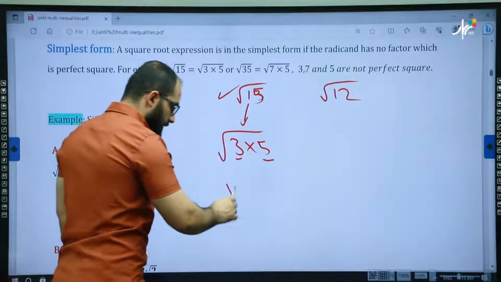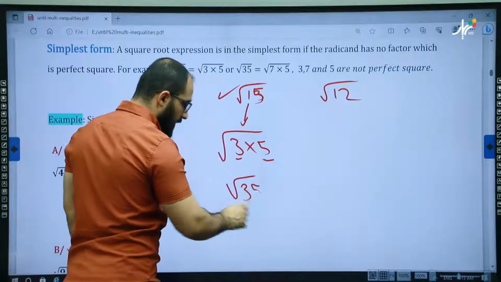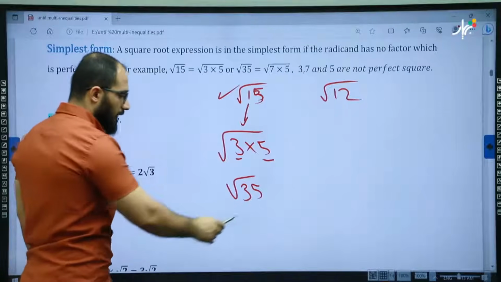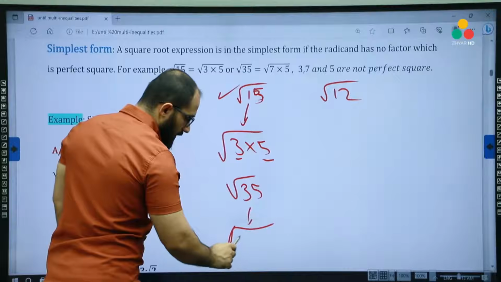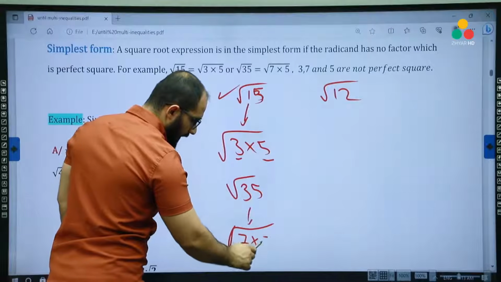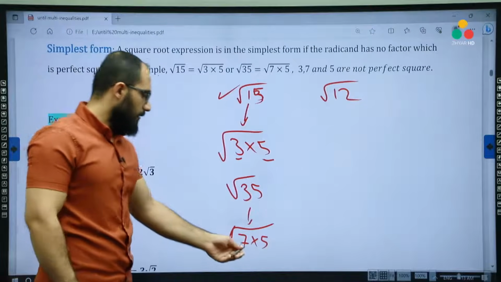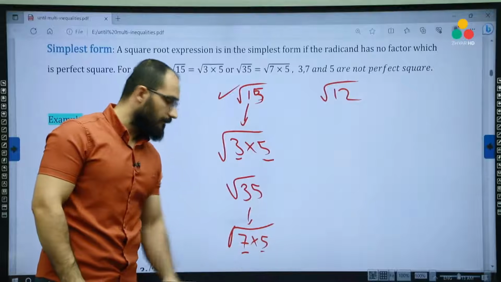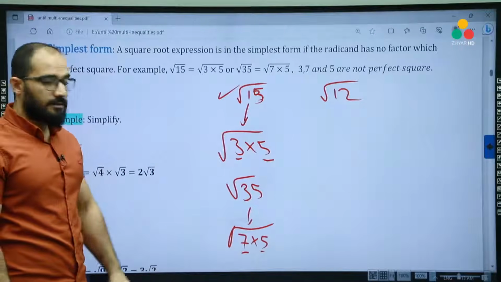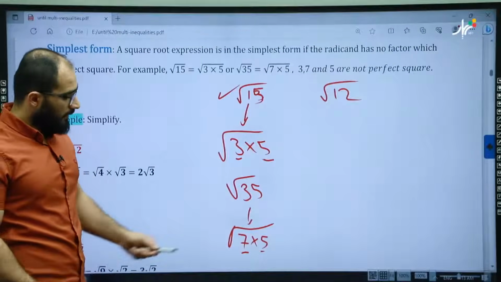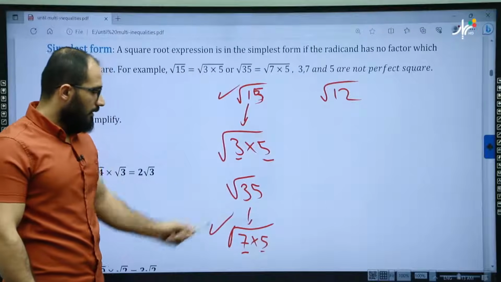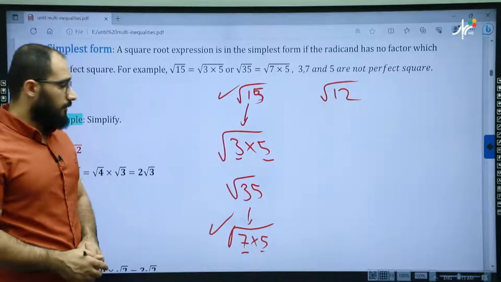Or let's write another example. Let's say we have 35. Then 35 comes from 7 times 5. Neither 7 nor 5 is a perfect square. Then this number is in the simplest form.